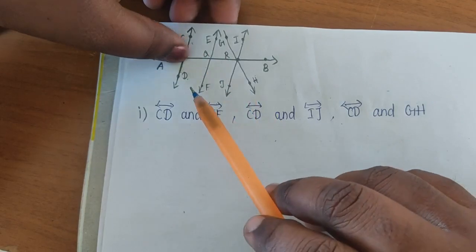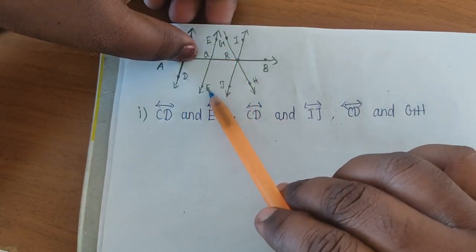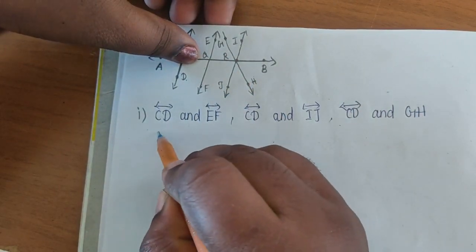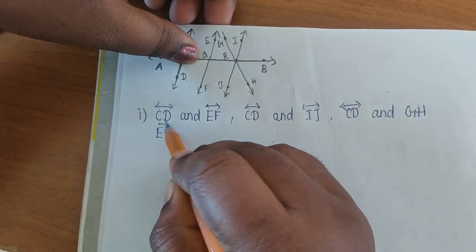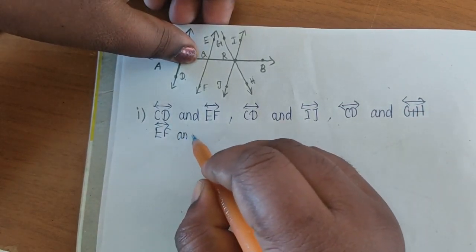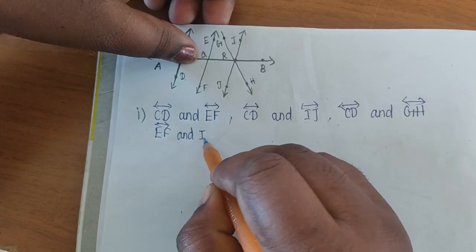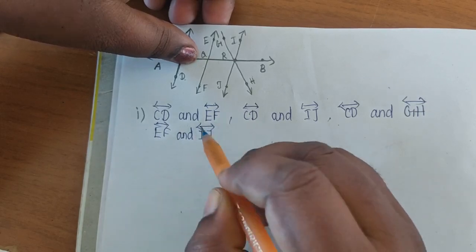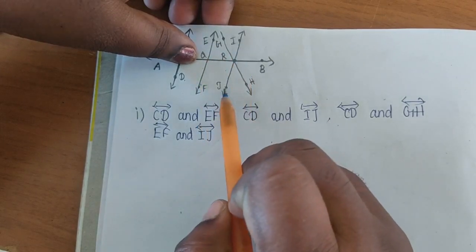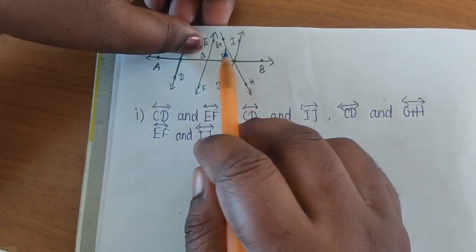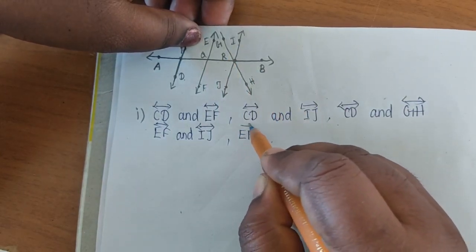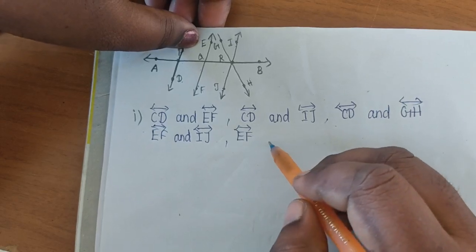Okay, next one is EF and IJ. EF and IJ do not touch each other. And EF and GH.